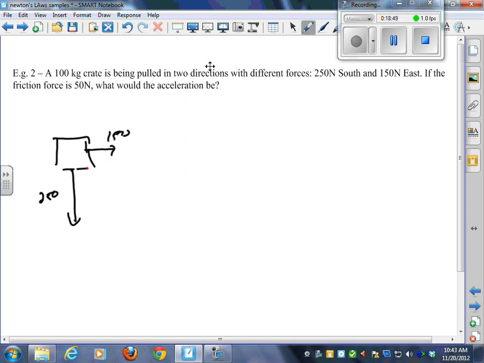And if I'm supposed to add them tip to tail like you're supposed to, then that's the direction that it goes, right? Now, this is the free body diagram. The vector addition diagram would look like the one I just had. Basically, you take the free body diagram and then you add the vectors tip to tail.